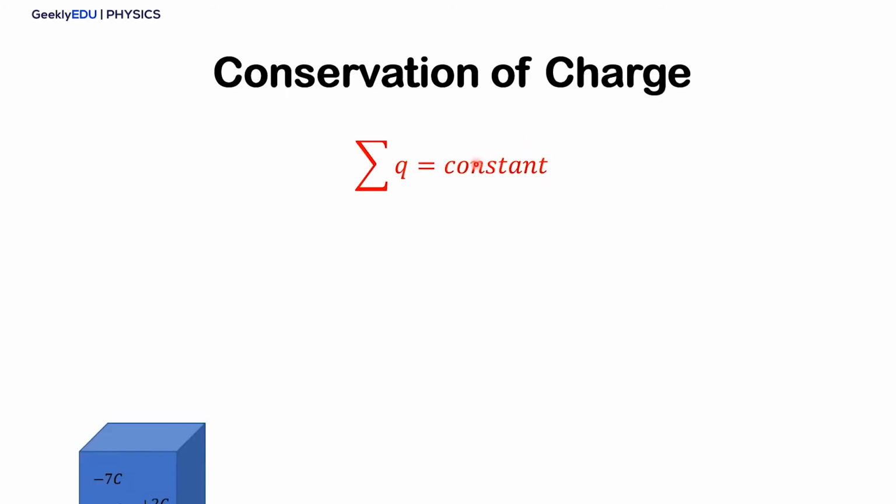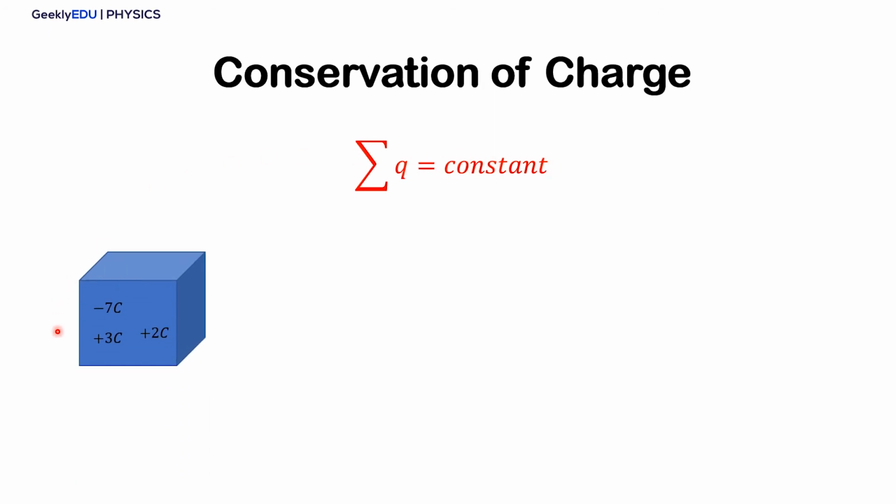Another important concept we have to know when talking about charges is the law of conservation of charge. It's pretty simple. It just says that if you add all the charges of all the particles inside a system, the total has to be constant. So how do we make sense of it?